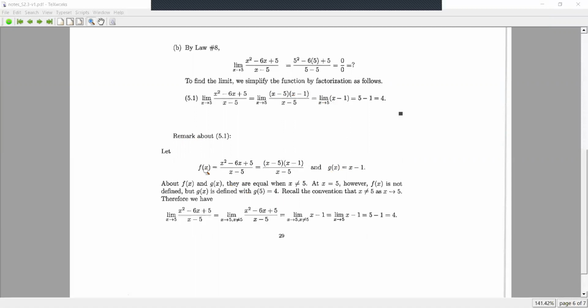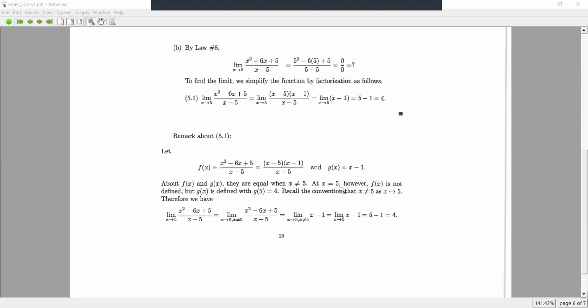About these two functions, f and g, they are equal everywhere except at the point 5. For example, when you plug in the number 6 in all the x, it's easy to see that the function value of f at point 6 is equal to the function value of g at point 6.